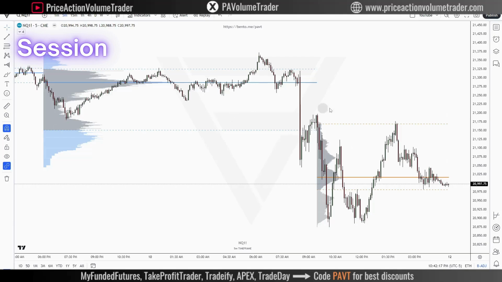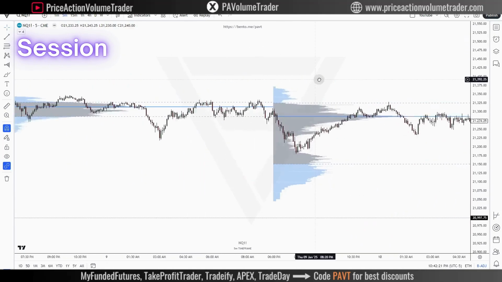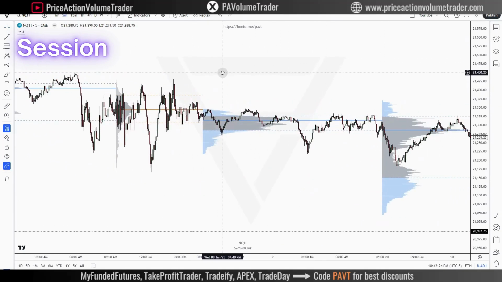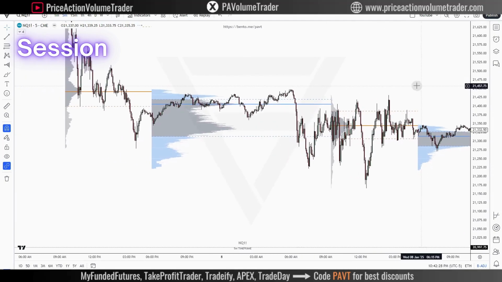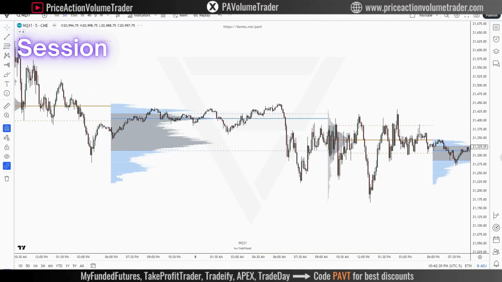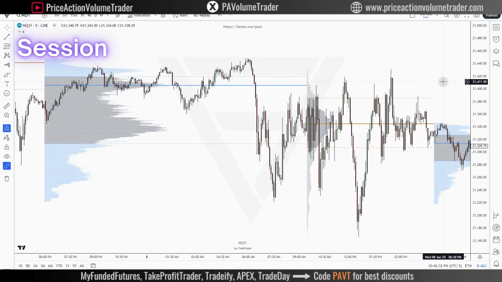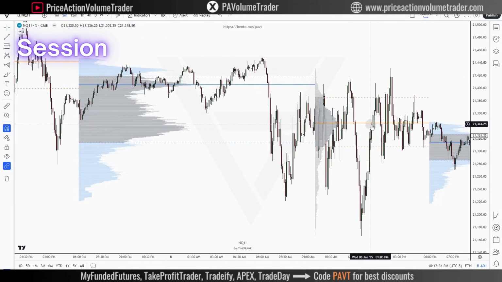Okay. And what I like about the session volume profile is that it gives you a lot of very important reference points to look for in future sessions. So you can see, for example, here, generally regular trading hours are going to take more importance than extended hours because there's a lot more volume, and this is where most of the institutional players are going to be executing as well.